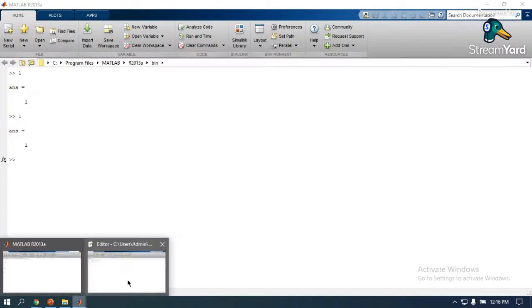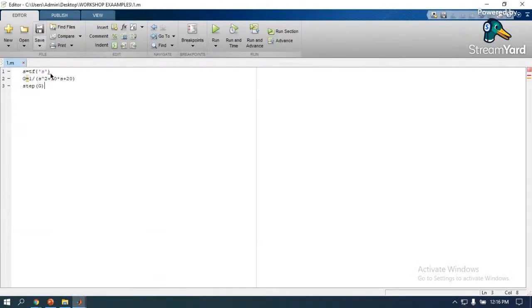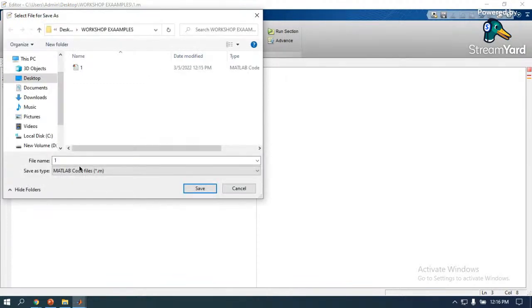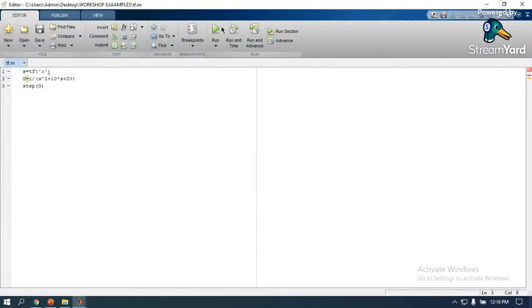You cannot save it as a 1. Value level. Now level again. Okay, I will run it now.